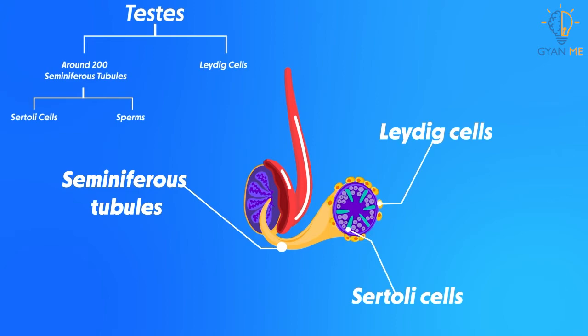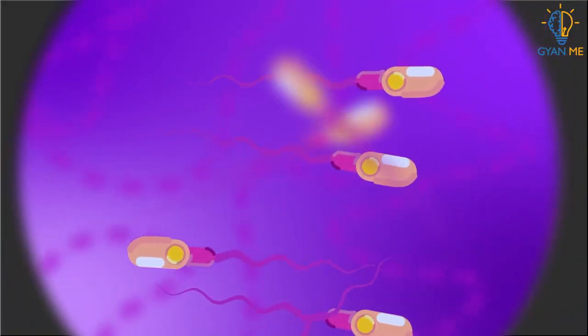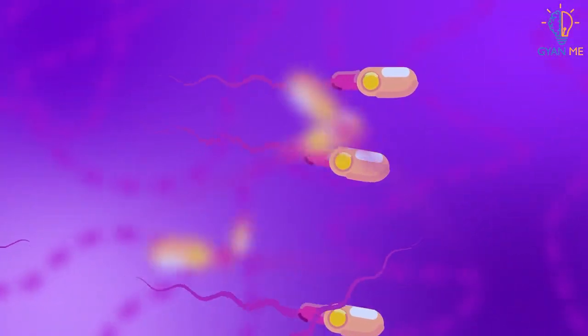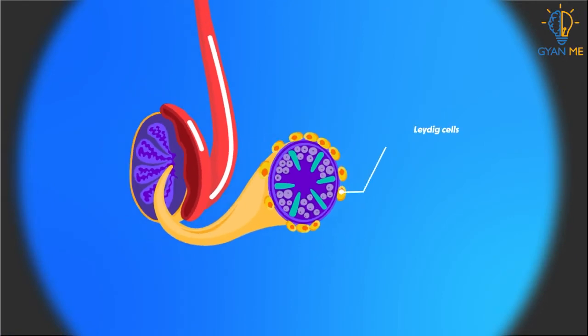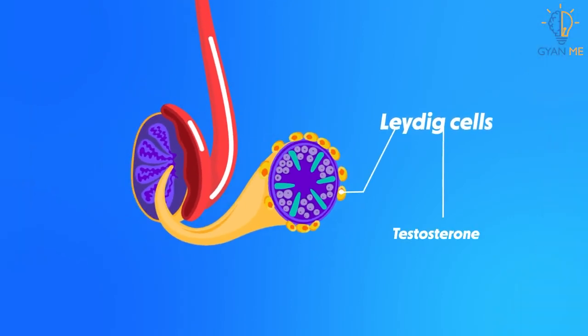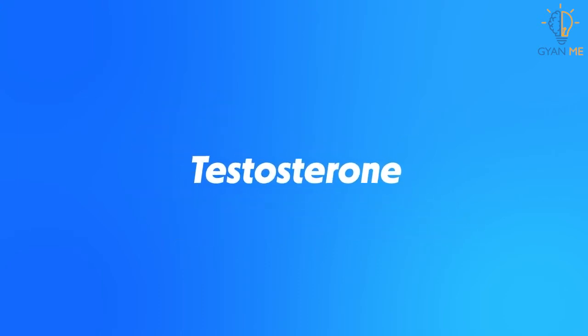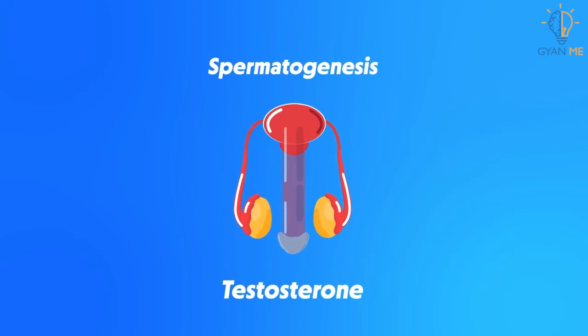Students, the name seminiferous is given as the process of spermatogenesis or sperm production occurs in these tubules. Leydig cells produce testosterone. They are present outside these seminiferous tubules. In boys, testosterone facilitates spermatogenesis in the testes.